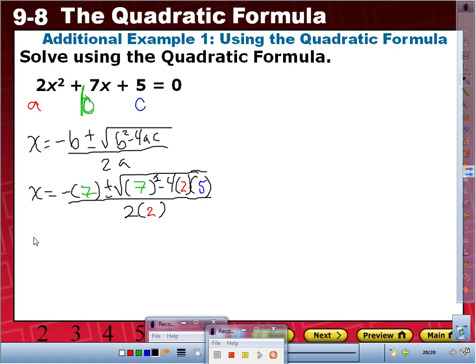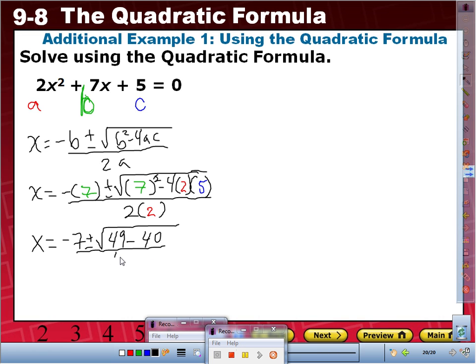Okay, let's start simplifying. What is negative times 7? Negative 7 plus minus square root. What is 7 squared? 49. Negative times a positive and a positive, it's still a negative. 4 times 2, that's 8. Times 5, that's 40.